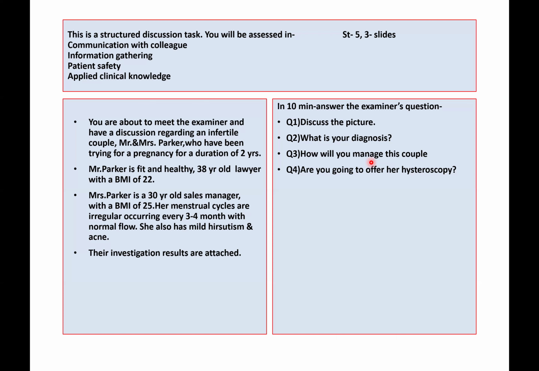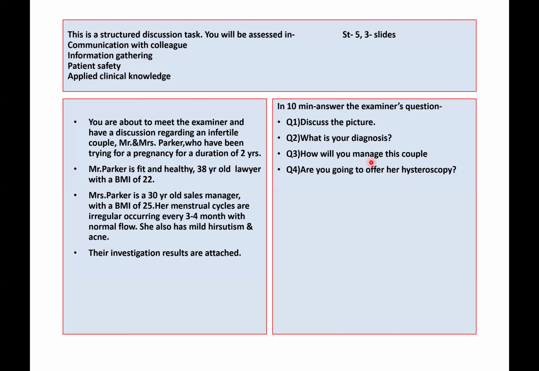After that, I'll see how the support at home is and her mental status, because she has been planning for pregnancy for long. Then I'll examine her, keeping polycystic ovary syndrome in mind. I'll check general blood pressure and skin condition, like any acanthosis nigricans.